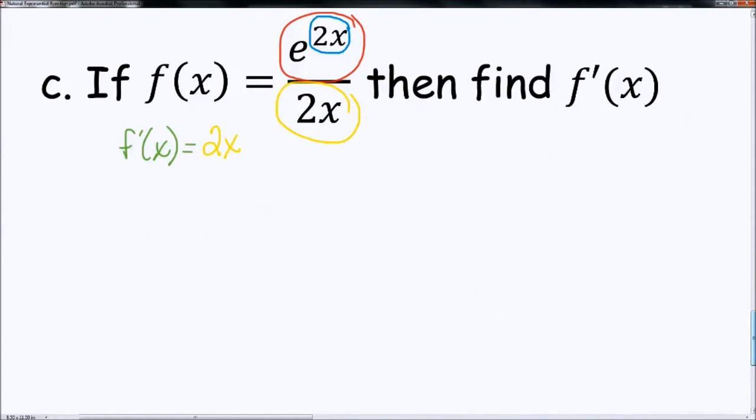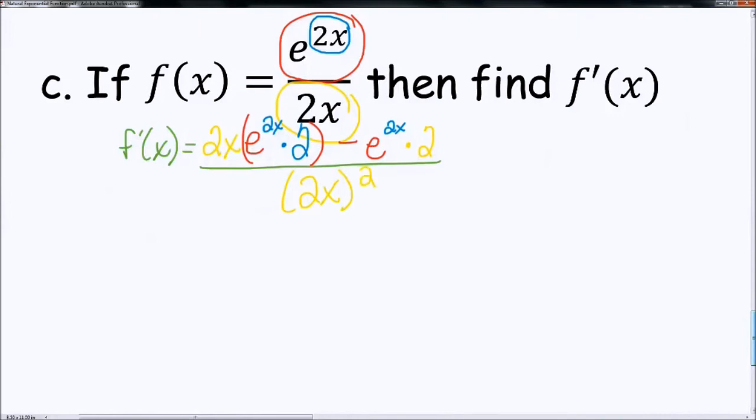I rewrite my function, e to the 2x, but I need to multiply it by the derivative of my exponent, which is 2, minus my high times the derivative of my low, and that whole thing is all over my low. For right now, we'll just leave it like that.